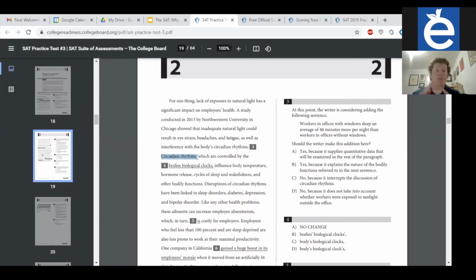So this is something that will come up again, probably on the writing and language section, that a term is mentioned and then explained. When that occurs, we don't want to interrupt that. If we put this statistic in right here, we're going to separate the mention of circadian rhythms from the explanation of circadian rhythms.